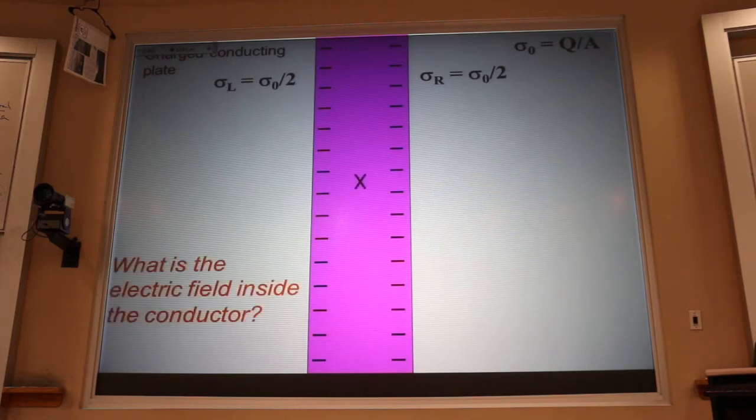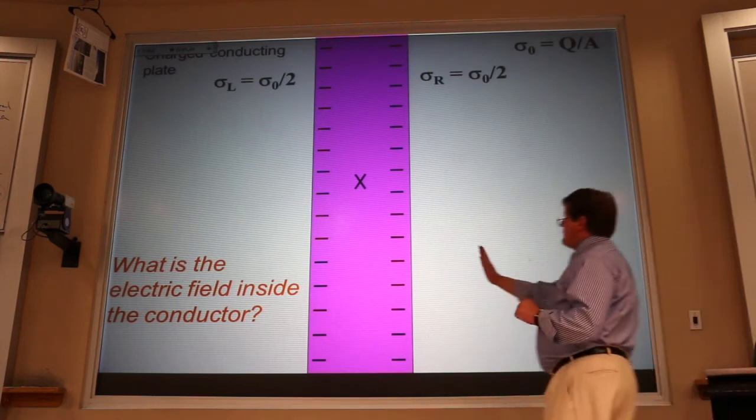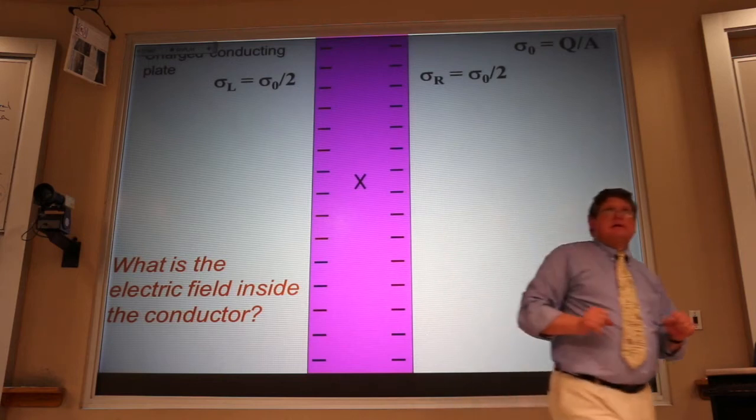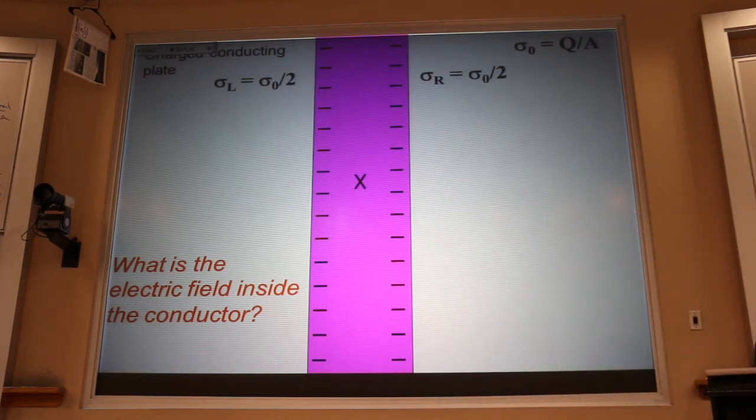Now if I look at the total electric field inside the metal, and it doesn't matter where I look inside the metal, I picked a location dead center, but it wouldn't have to be. I have two contributions. I have a contribution due to this negative sheet that is to the left, towards the negative.